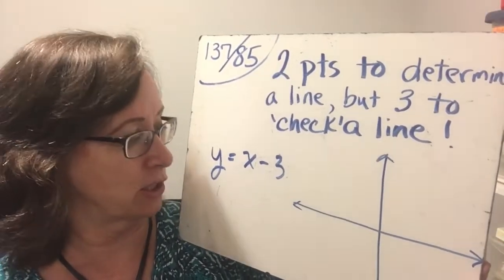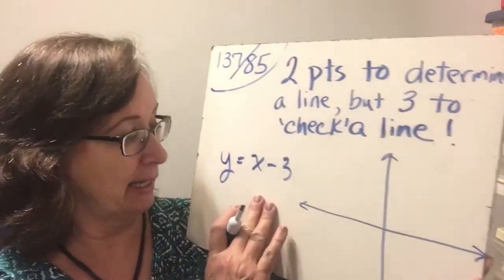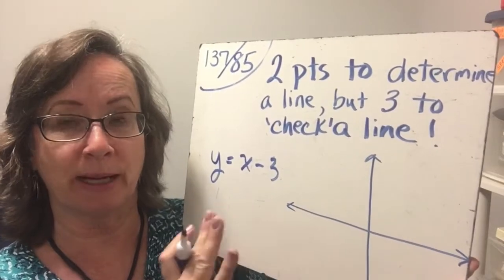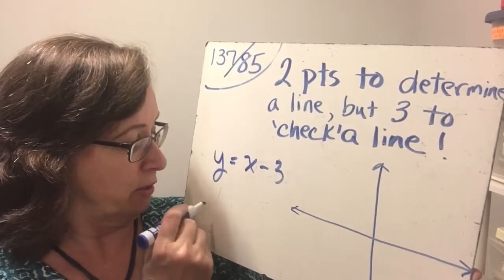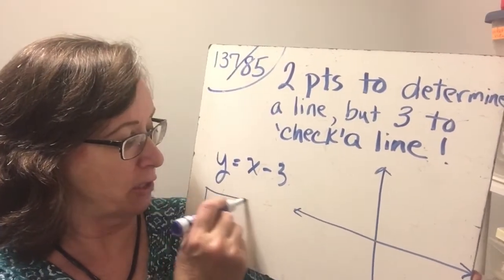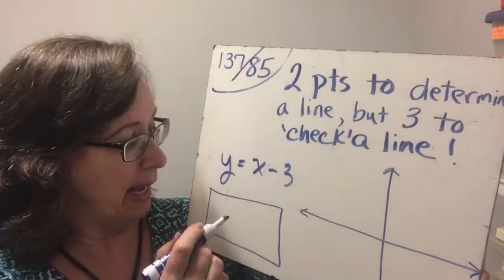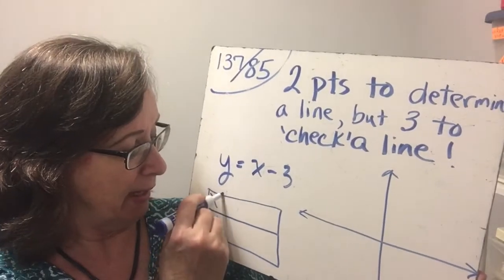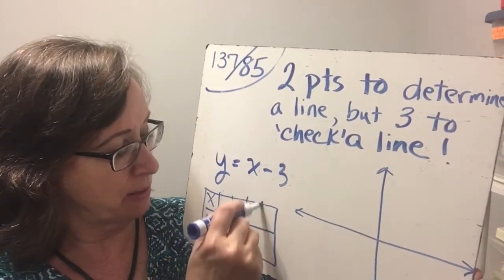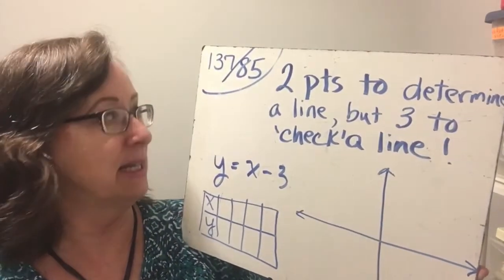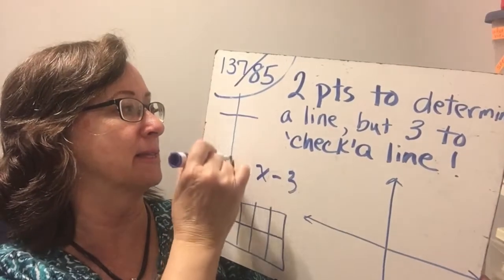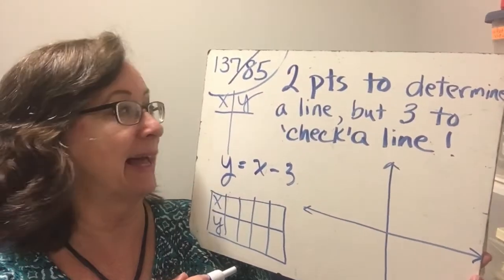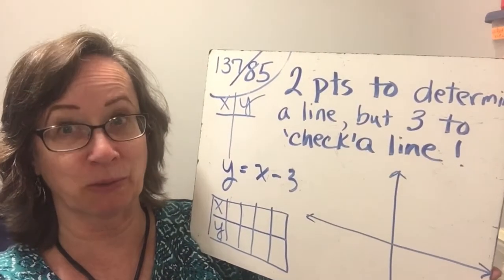So here's our line, and we're going to pick some points. And remember, we want to spread the points out. So I'm going to make a little XY chart here. Your book likes to make them this way, X, Y. I tend to make my points this way, X, Y, because I like them to turn out looking like an ordered pair.